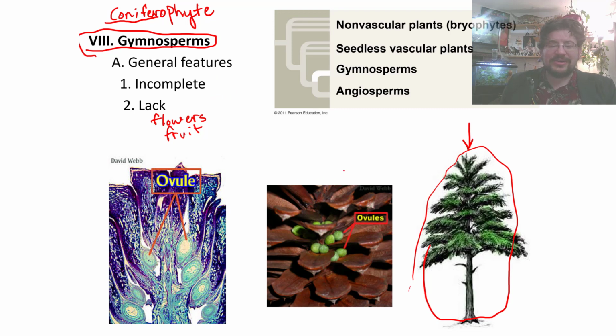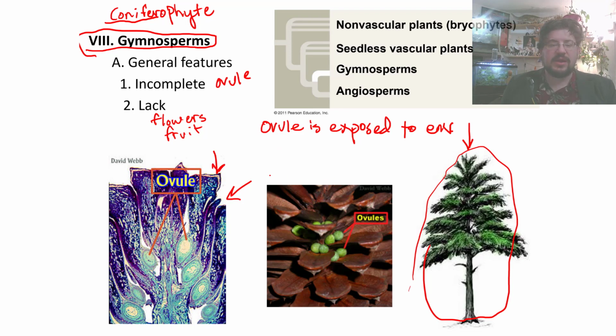Now, another interesting thing about our gymnosperms is that they have what we can refer to as an incomplete ovule. Basically, what that means is that our ovule is exposed to the environment, right? And the ovule is not completely surrounded. It's not completely sealed. So if we look at this image here, right, you can see we have the scales.